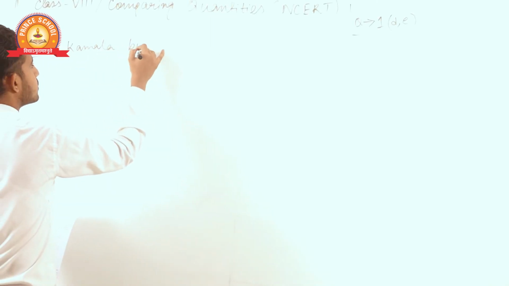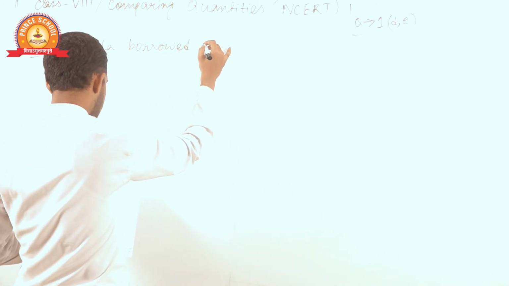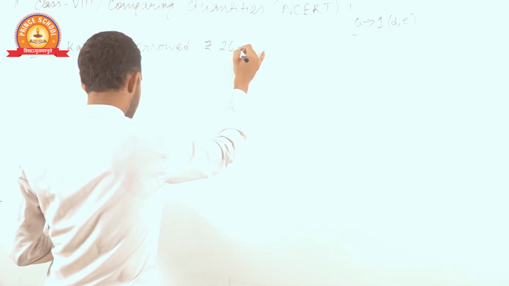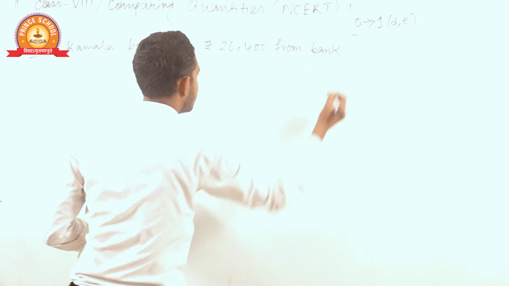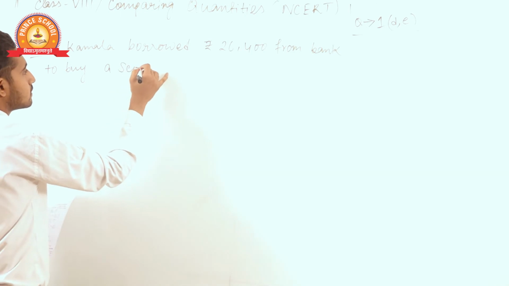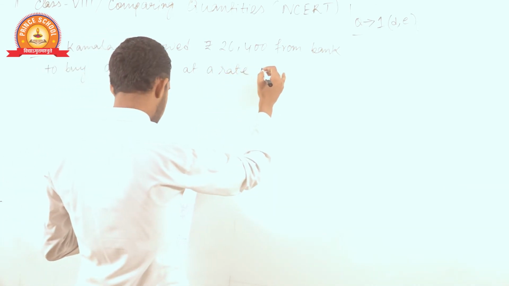First of all you have to read the question. All of you read this question. Kamala borrowed, what does borrowed mean? Borrowed means udhar lena. Okay, Kamala borrowed rupees 26,400 from a bank. Why did she borrow from the bank? To buy a scooter, at a rate of 15%. Always when we borrow, we have to pay interest.